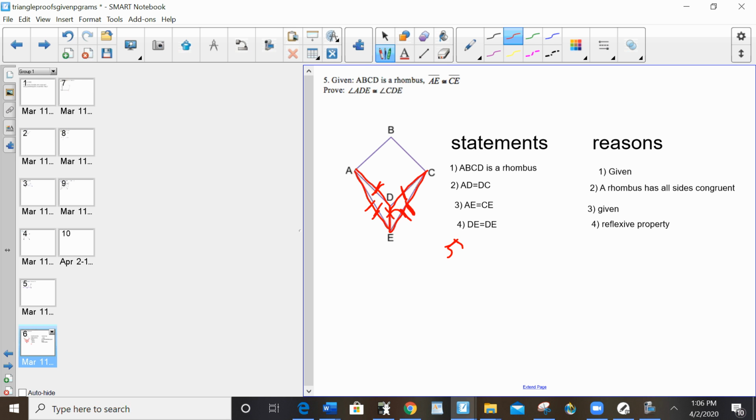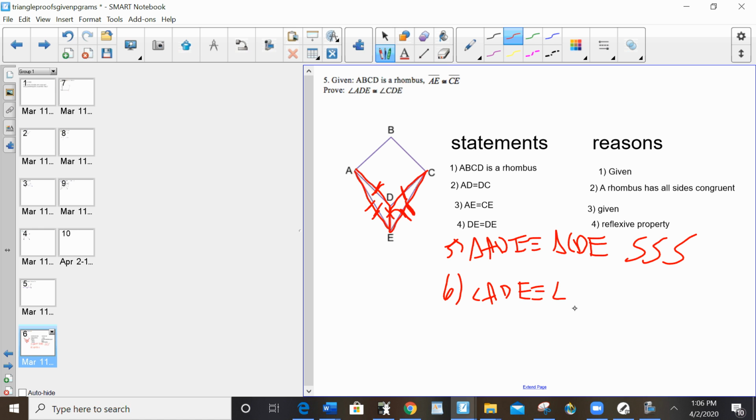So I can say that triangle ADE is congruent to triangle CDE. The reason is SSS, since I proved 3 pairs of sides. And now that the triangles are congruent, I can prove what they want me to prove, that angle ADE is congruent to angle CDE, and the reason is CPCTC.